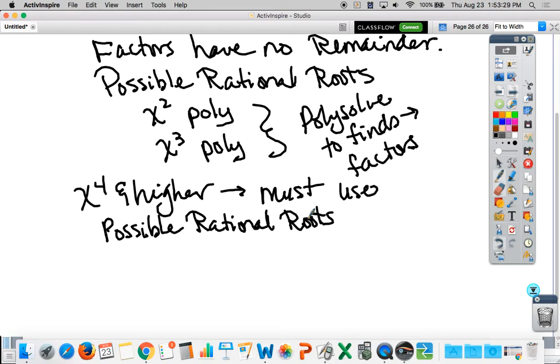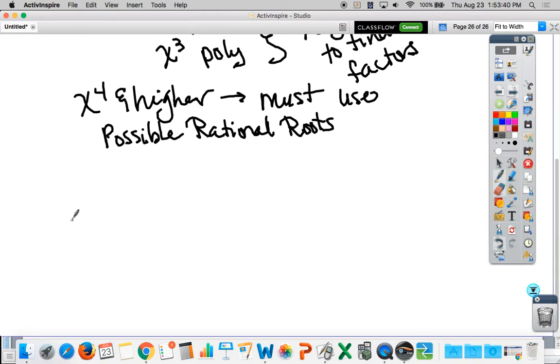Okay, so I'm gonna start off kind of basic. Now, I'm gonna give you this problem. They always call it factorize and they spell it like this. That just means factor.